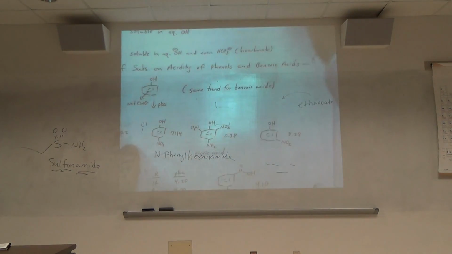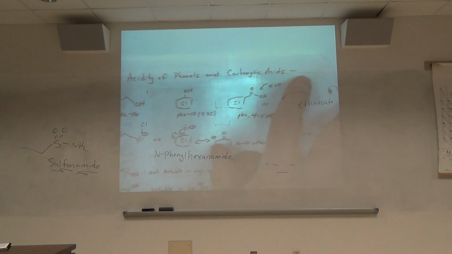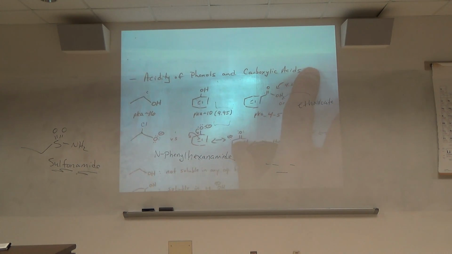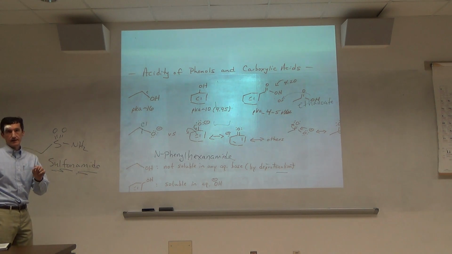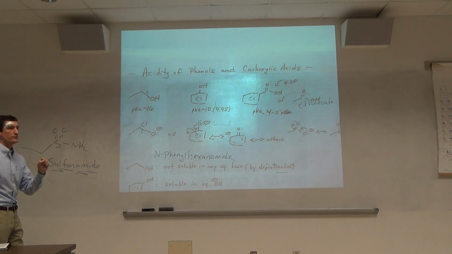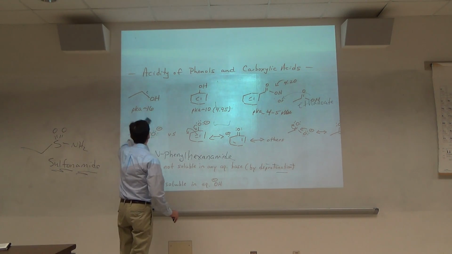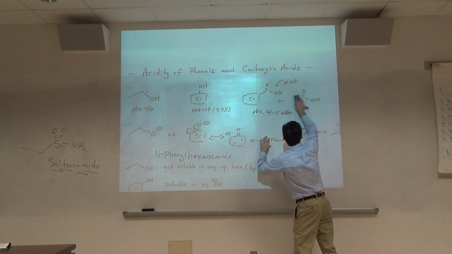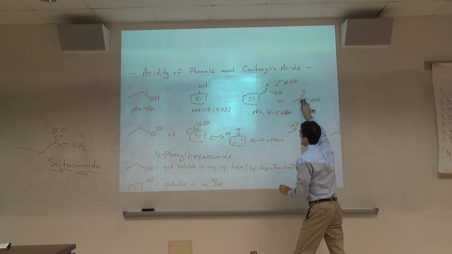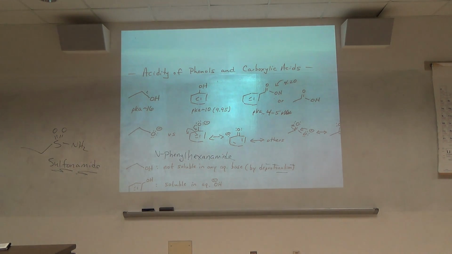Okay. Before we get into the chemistry of amide derivatives, or acid derivatives, we're first going to look at acidity, and then some basicity. So a little review of acid-base chemistry. Carboxylic acids are your main acidic organic functional group.